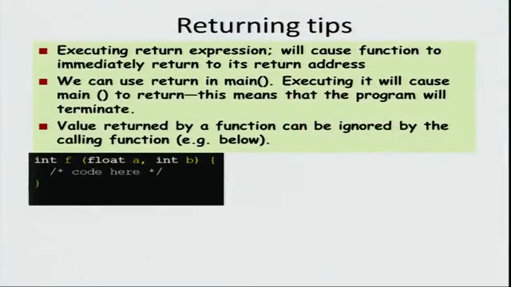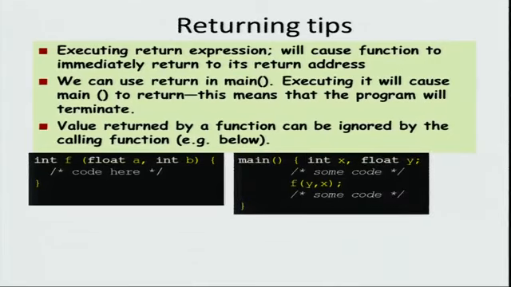For example, let us say that I write some dummy function int f, and it takes two arguments, float a and int b, okay, and we have some code here. And then I have the main function in which I have two variables, int x and float y, and then I have some code.